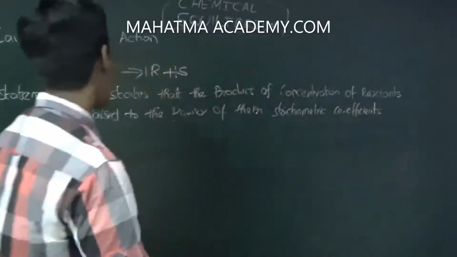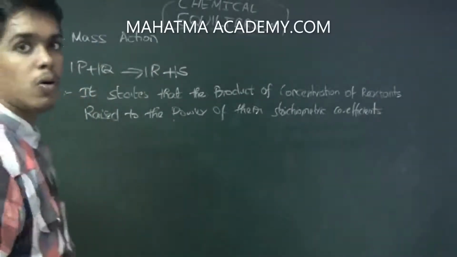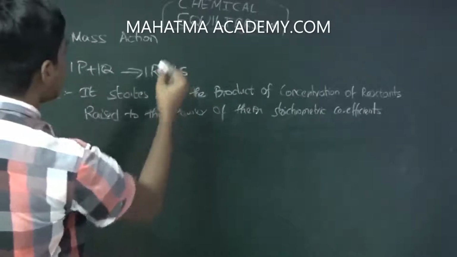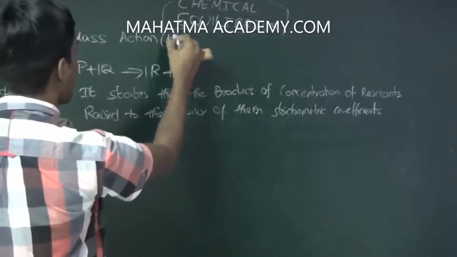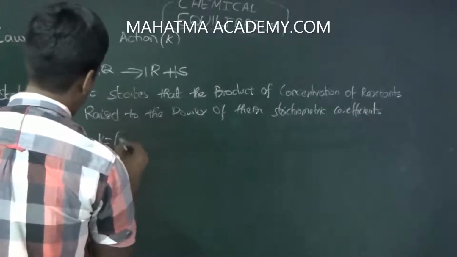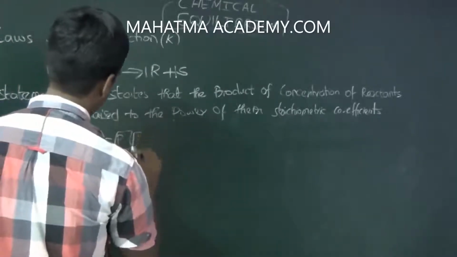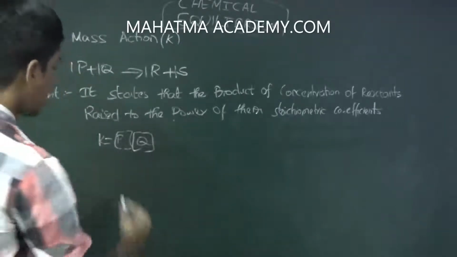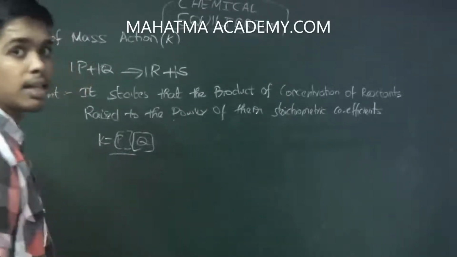Now, as stated above, it is described as K. K is equal to [P] into [Q]. Here we have expressed in square brackets.